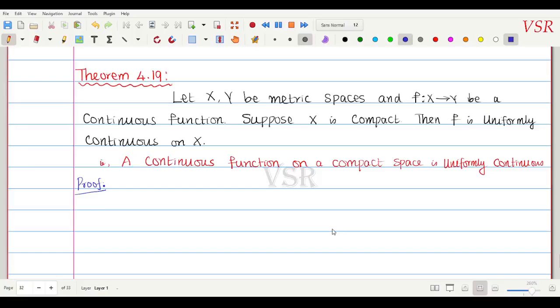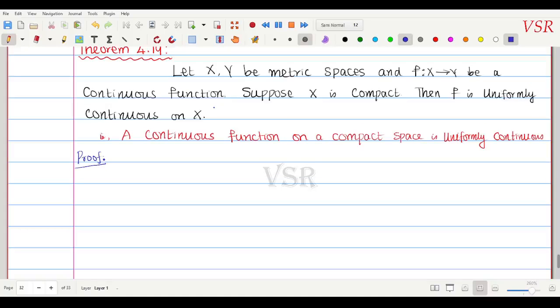Okay students, let us start the proof. First, let us write what is given. So given: capital X is a compact metric space and f from X to Y is a continuous function.